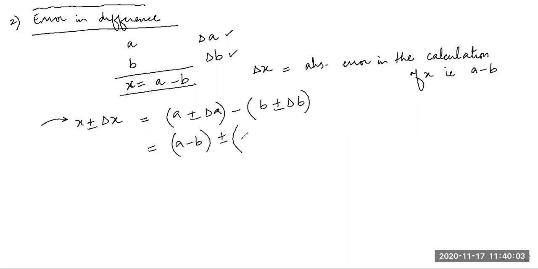If I remove the bracket, it will be delta A. So minus, it will become minus, minus, it will become plus. So either you take it plus minus A, or you take minus plus A, both are same. Okay, so it will be minus plus delta B.